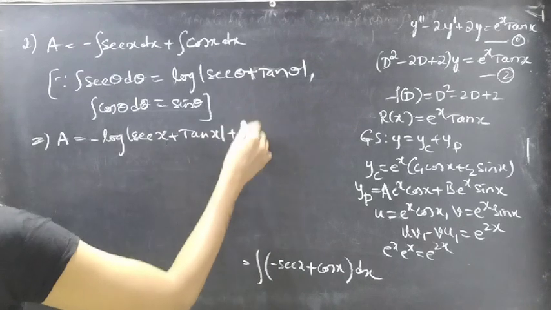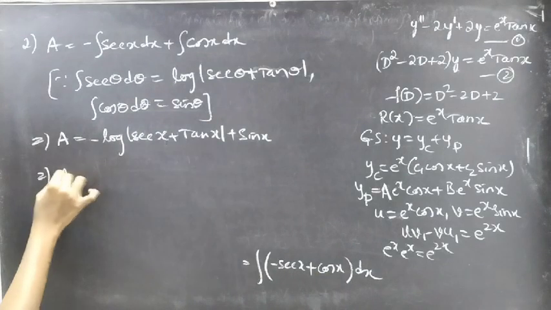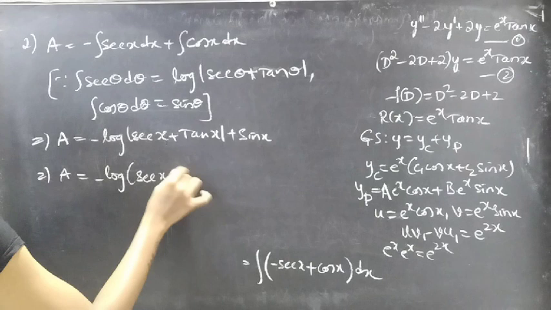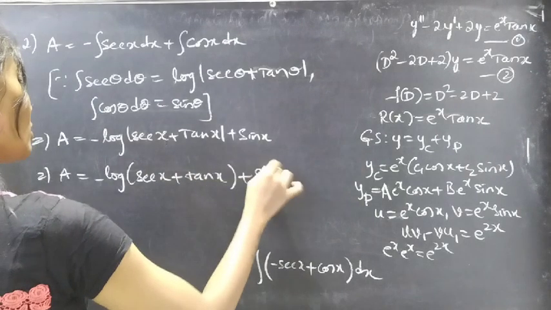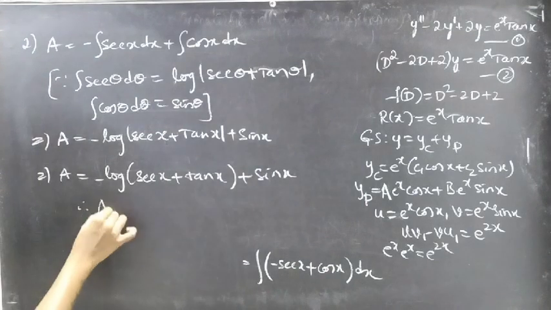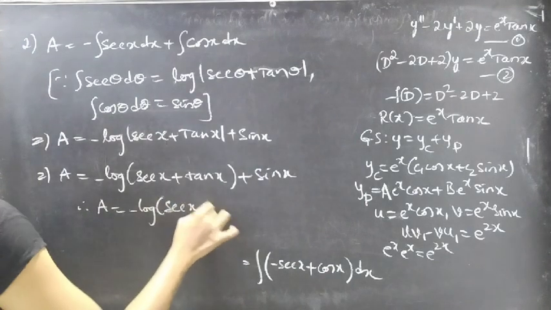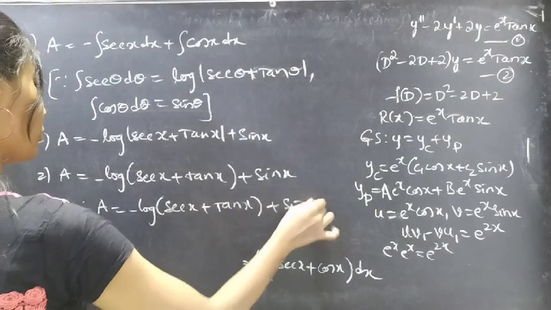Plus integral cos x dx is sin x. Therefore, a equals minus log of secant x plus tan x plus sin x.